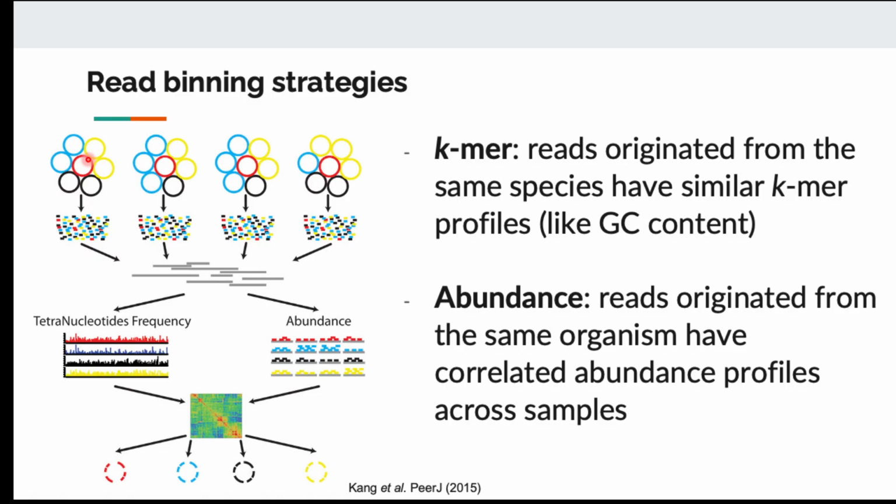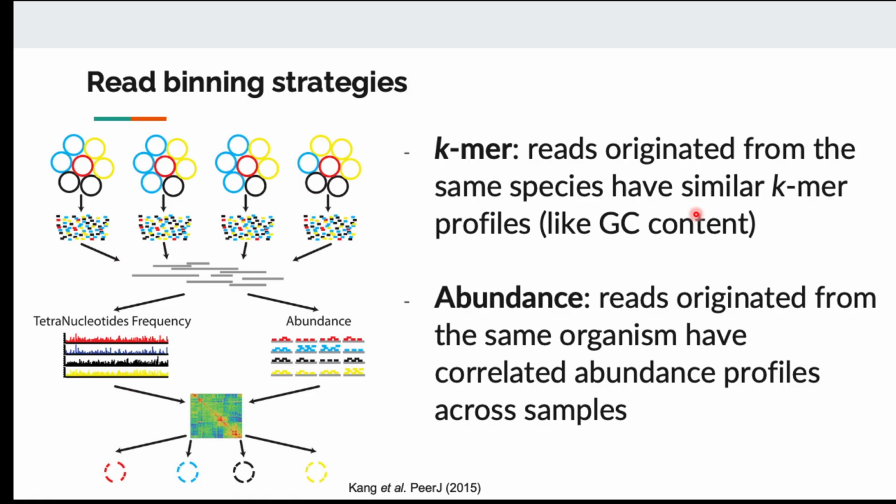But what we can do is use the fact that different genomes can have different GC content. Basically, different genomes have different sequences. If you characterize the k-mer frequency, like how many AATA they have, or what GC content they have, we know that different organisms have different values of these signatures.